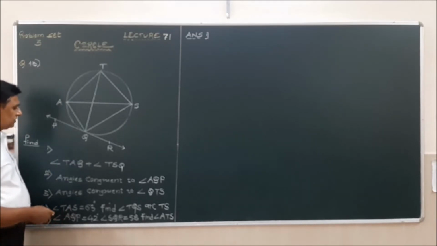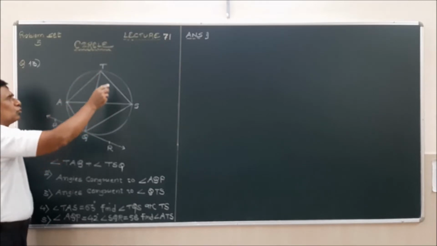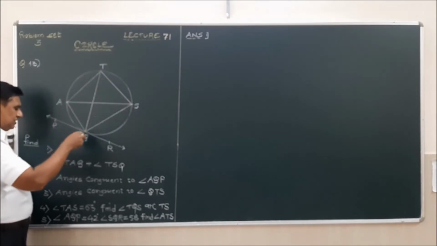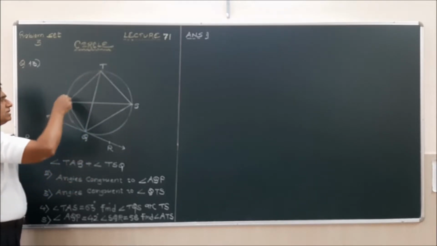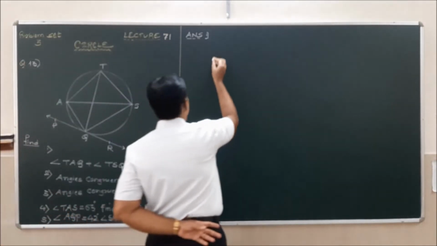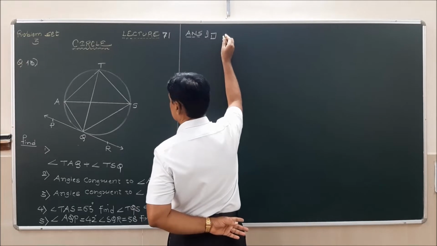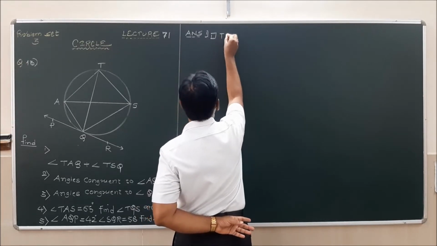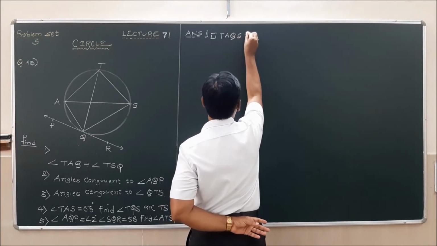The first one is, what is the sum of angle TAQ plus angle TSQ? You will find quadrilateral TAQS is cyclic.